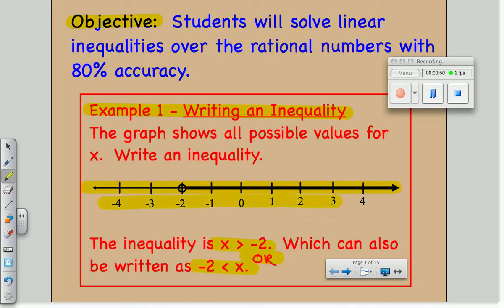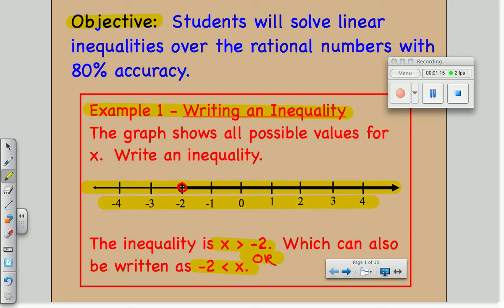And this is what I'm going to remind you about on the graph now. When you graph the number first, the known number is -2. That's the known value, okay? So I'm going to put a circle around -2. I'm going to leave it open because the number -2 is not a possible solution.